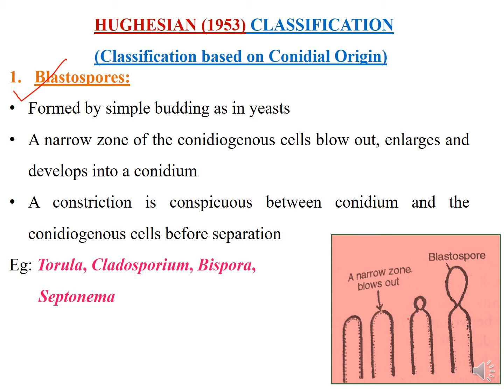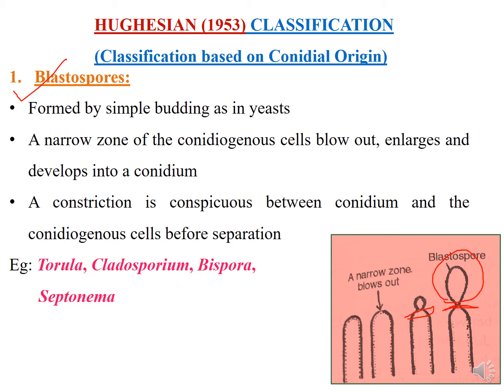At the terminal portion of this hypha, some part of the conidiogenous cell will blow out, enlarge and develop into a conidium. After formation of this conidium, a constriction will develop from the conidiophore or mature hypha between the conidium, so that this conidium will separate from the conidiogenous cell.